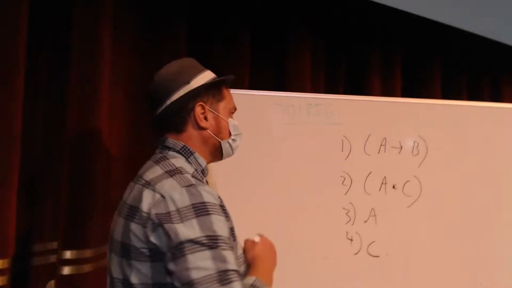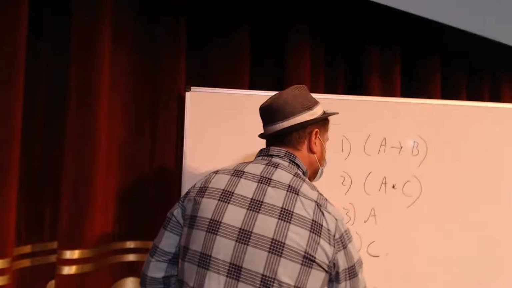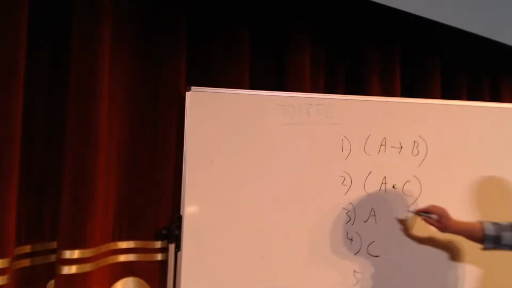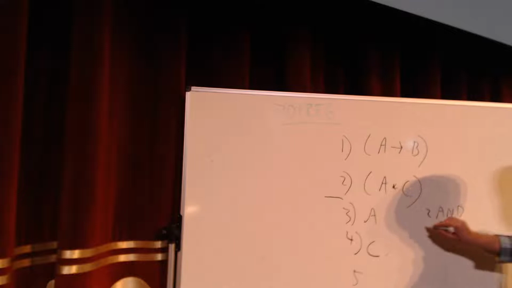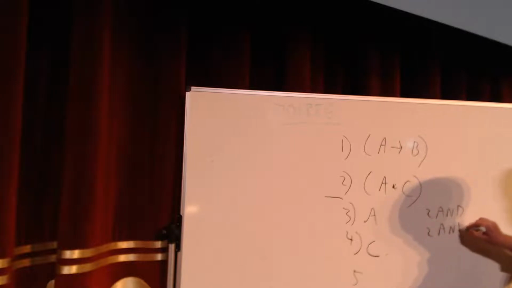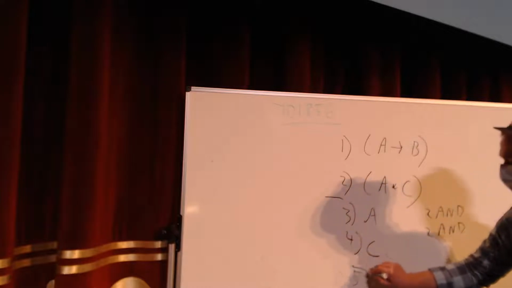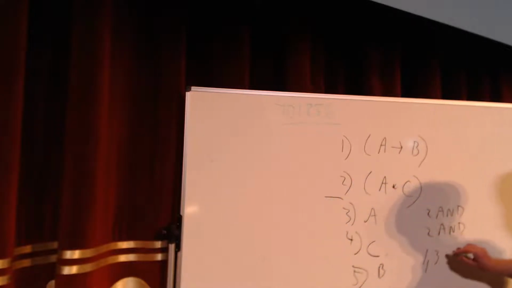And let's say this was a proof, and I was trying to prove B from this. These are what's given. 3 and 4 are both from the AND rule on 2. And let's say I want to prove B, I would use 1 and 3 with the arrow rule.